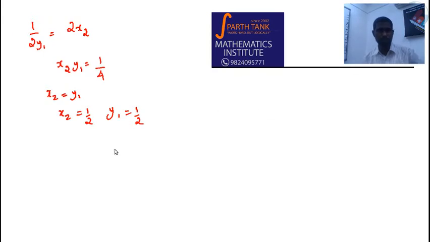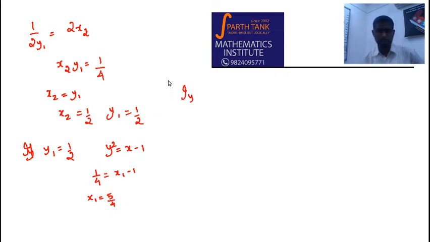So we choose x2 is 1 by 2 and y1 is 1 by 2. Now if y1 is 1 by 2, from the first curve, remember, y squared is x minus 1. So from this I get 1 by 4 is x1 minus 1, or x1 is 5 by 4.